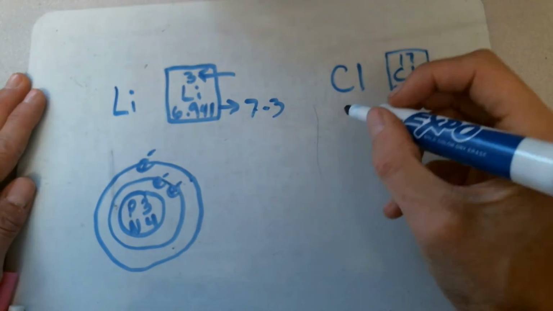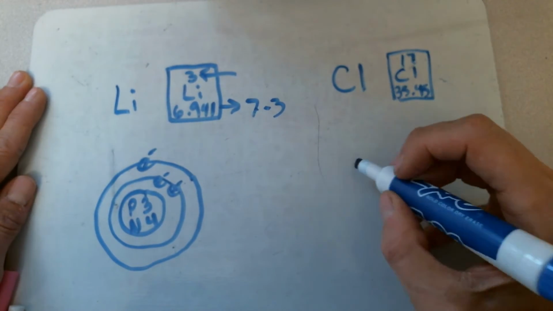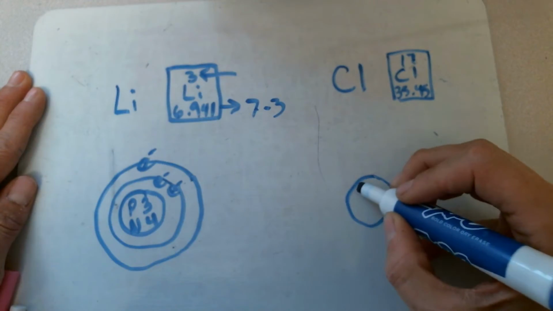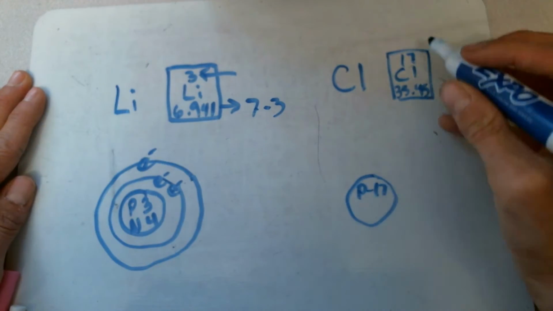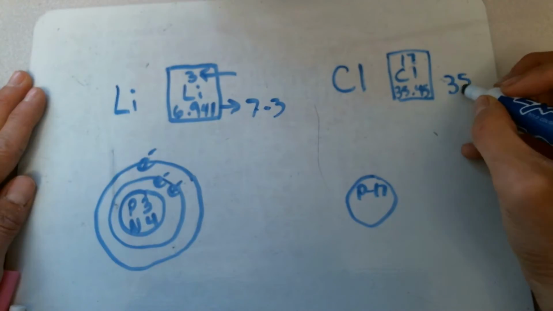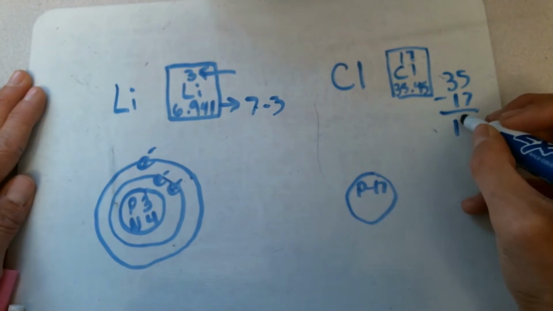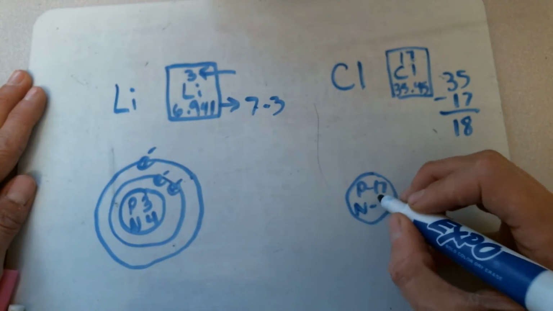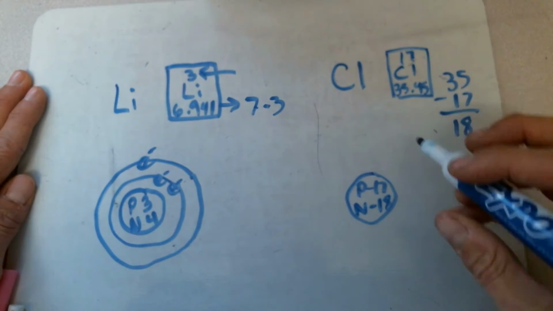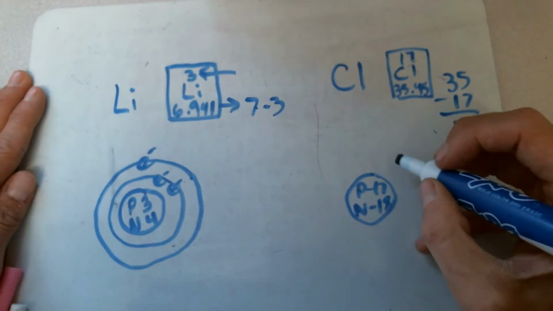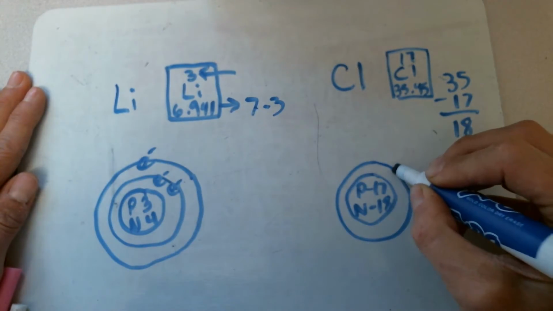So that means we have 17 protons. So I'll draw my nucleus with 17 protons. And if we do 35 minus 17, we'll get 18 neutrons. Now, if we're looking at this, you probably know that the number of electrons that we're going to need is 17.